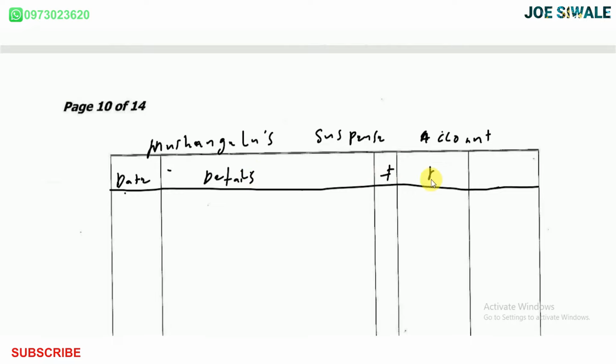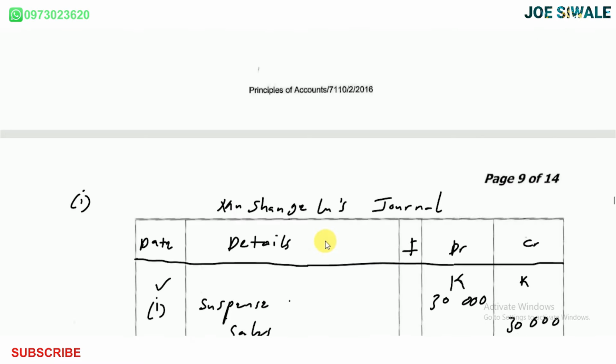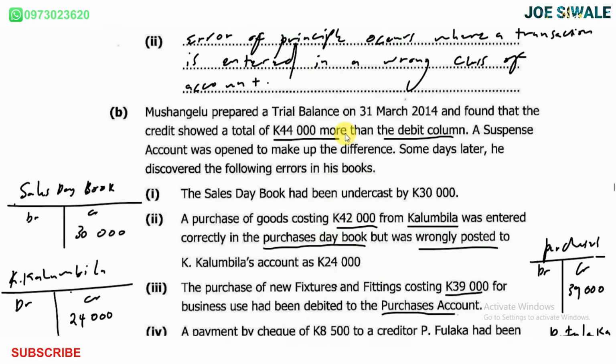You're going to have our debit and our credit there. The currency that we are using is kwacha, so we can put it there. The first thing that we're going to record is the difference as per trial balance. We have been given the difference as 44,000, and 44,000 is supposed to be shown on the debit side.